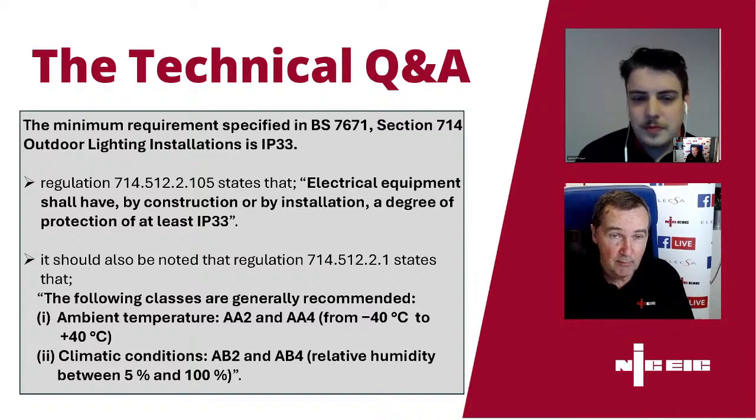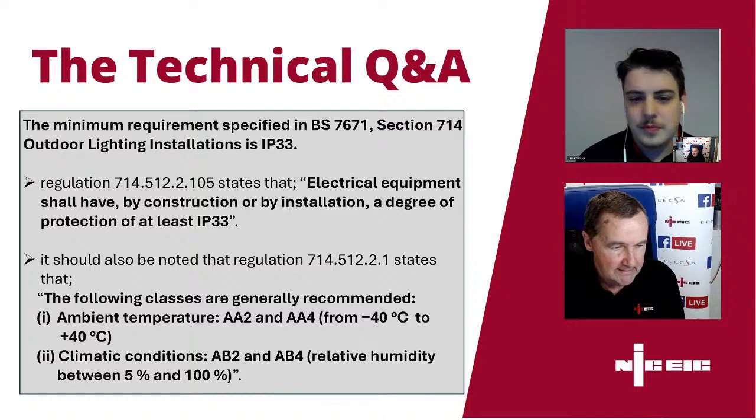So this is more lights away from that, so garden lights, standpoint lights, and it seems a little bit low to a lot of people. A lot of people always expect it to be 44. It is in 7671 as 33.